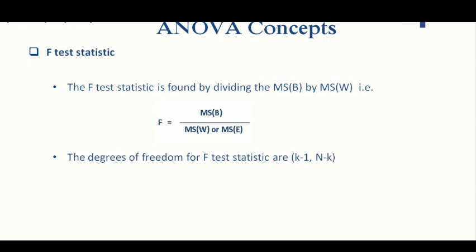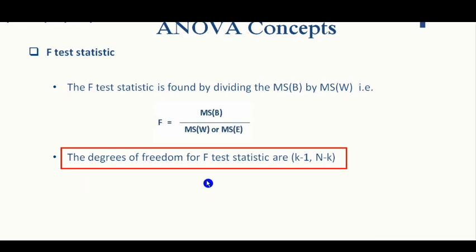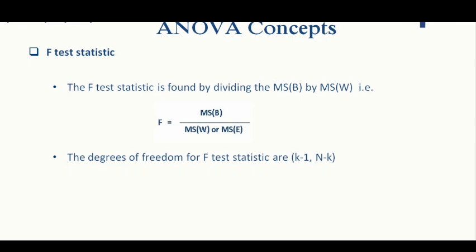So basically, after computing MSB and MSW, you take the ratio of mean sum of squares between divided by mean sum of squares within, also known as mean sum of squares error. The F test statistic has 2 degrees of freedom, which are also called the parameters of the F distribution, k minus 1 and n minus k.